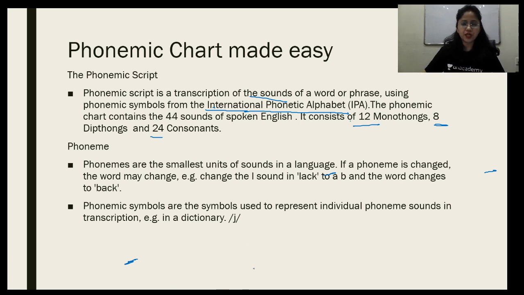So in a dictionary, the symbol J out here means the sound 'yuh'. It's very interesting that though a J is written out there, the sound is as in 'yacht'. And I hope you are going to be with me throughout this journey of the phonemic chart.